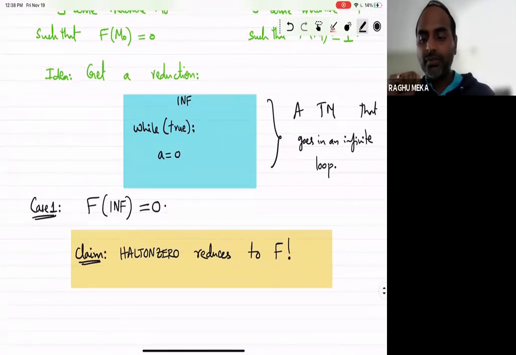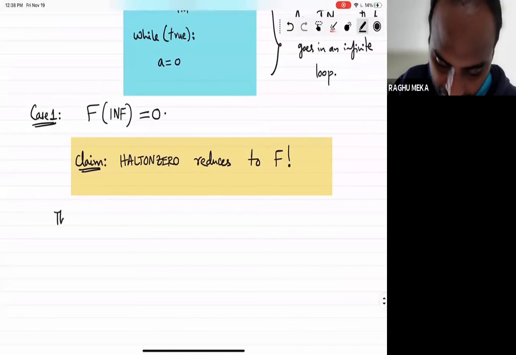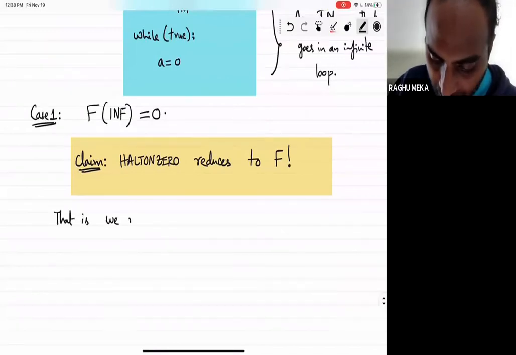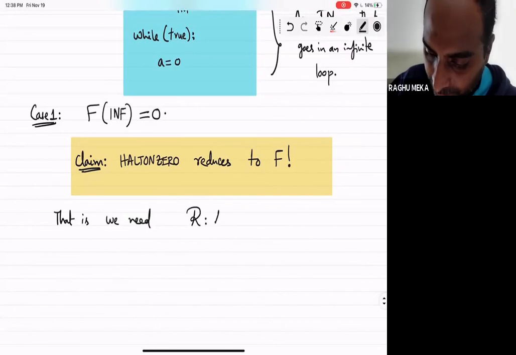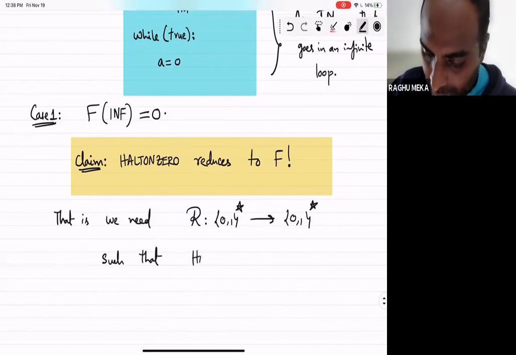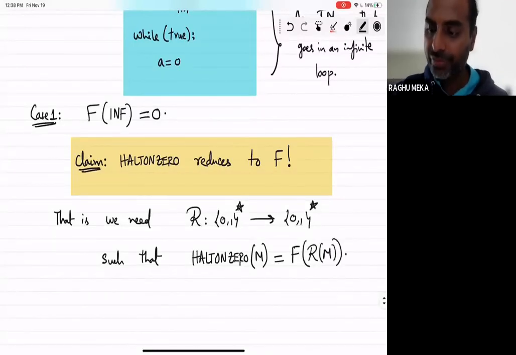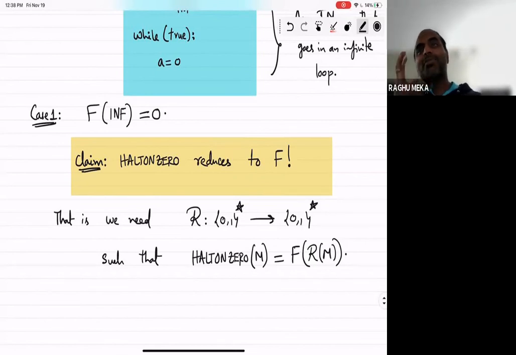What does this mean? We need a reduction R such that for any Turing machine M, Halt on 0 of M should equal f of R of M. This seems very hairy.